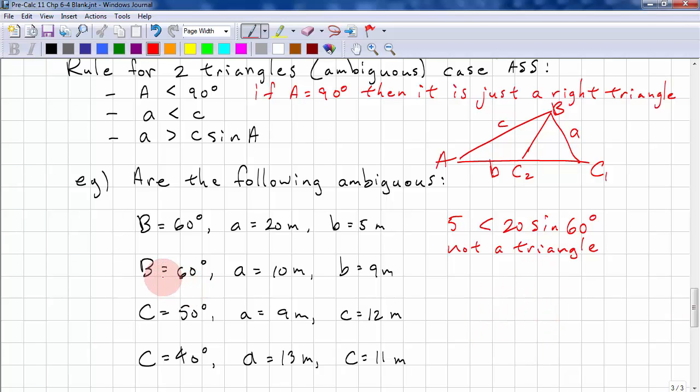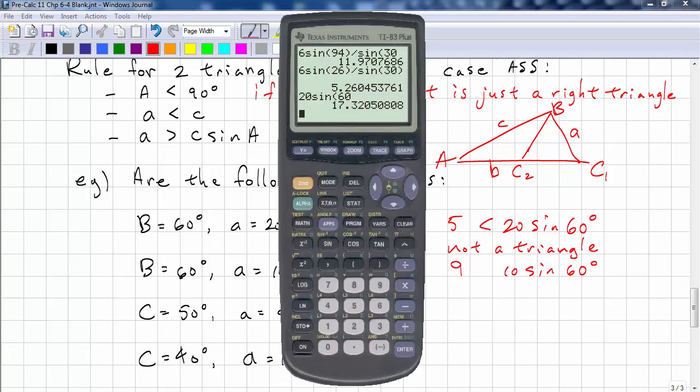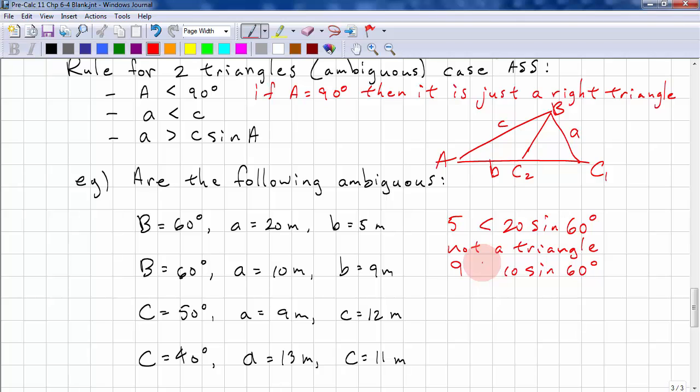Okay, we got big B. So B is what we're working with on this side. So 9, and this is less than 90, and this is smaller than that. So now we're testing 10 sine 60. Okay, 10 sine 60. And we get 8.6. So this is greater than, so we have two triangles.